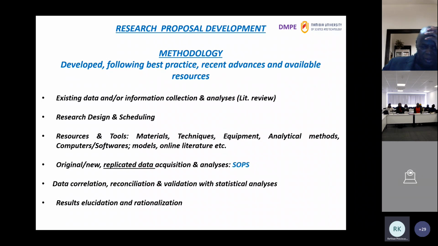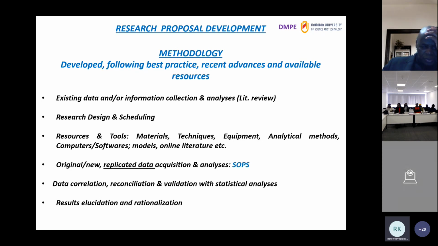Therefore, you should think about how in the literature people have done correlation of data, reconciliation, modeling, simulation, and validation with statistical analysis and standard errors or standard deviations on the mean values when results were obtained by replicating data.